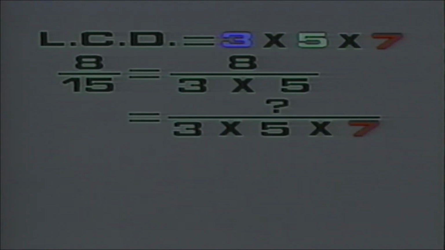Watch. 8/15 equals 8 over 3 times 5. The LCD is 3 times 5 times 7. So we multiply the numerator and denominator by 7. That's great. We didn't have to divide 105 by 15 to figure that out. The result is 56 over 105.